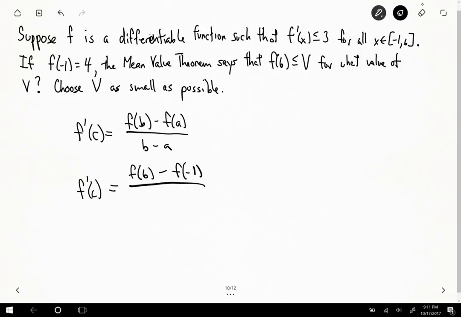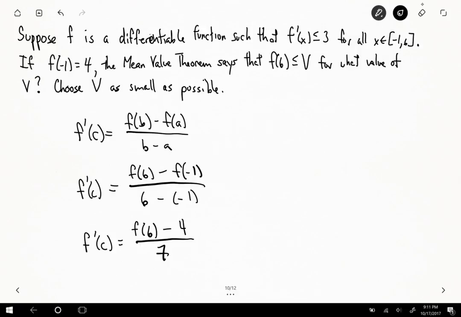Not necessary, but as long as we're consistent. If we start with f of 6, that means we need 6 down below, so 6 minus -1. So notice we have f prime of c equals, well, f of 6, we're trying to look for that, so we'll leave that as is. F of -1, what is that? Well, it's 4, so we'll go f of 6 minus 4, all over 7. Right?